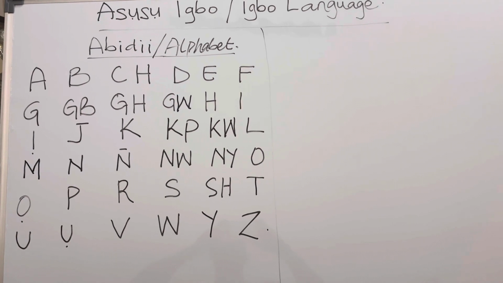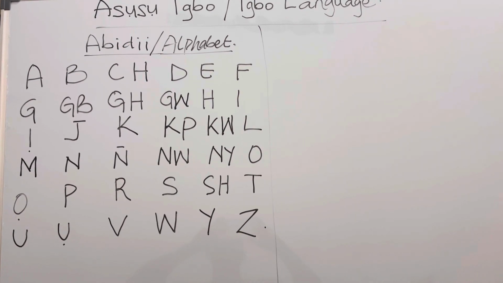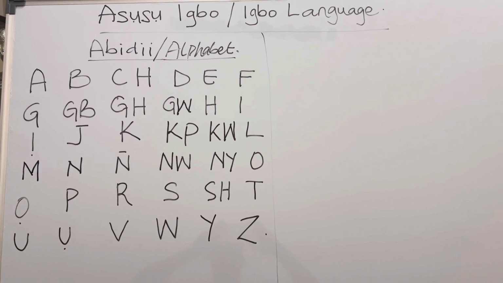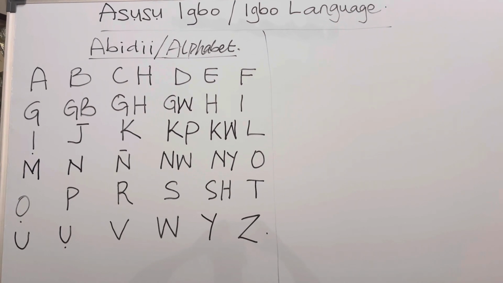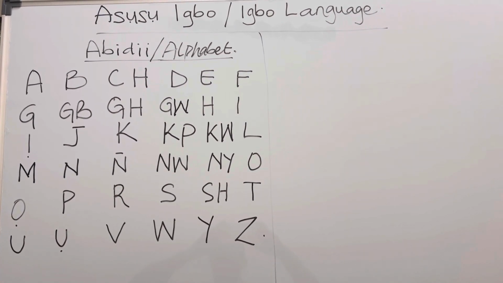So now let's start. The Abidi is the alphabet, which is the beginning of every language.